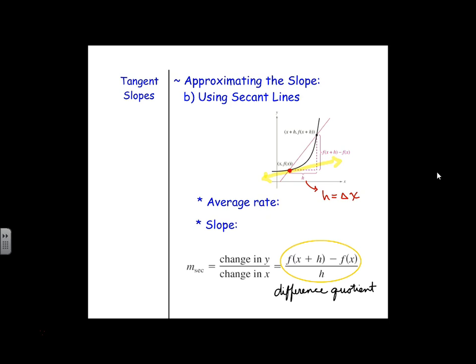So average rate. Slope as we know it is always between 2 points. Not that you necessarily have to write that, but that's what we're modeling here: as long as the slope is in between 2 points, we got that. The difference quotient is a generalized y2 minus y1 over x2 minus x1.